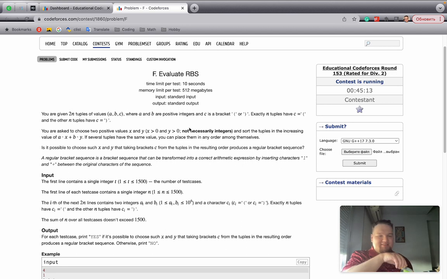But that just means that I can merge them initially. So if I have 3 opening brackets and 5 closing brackets at some point, I will just say that in this point I have -2 to the balance.